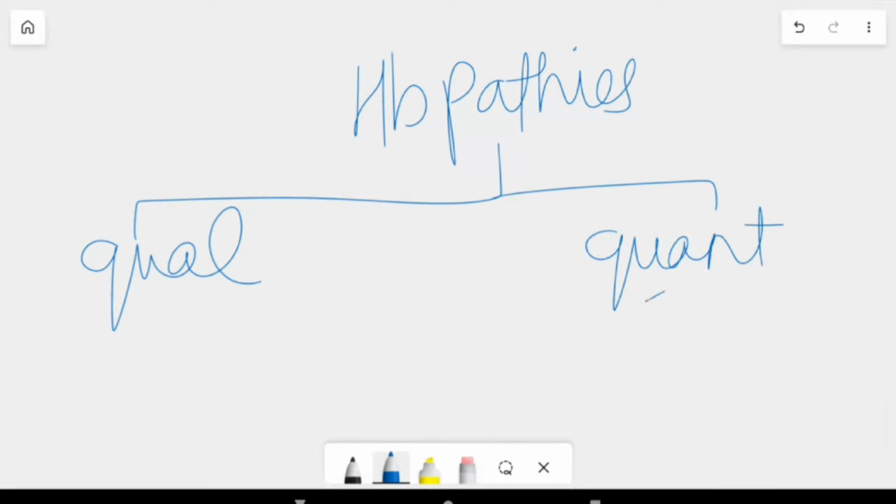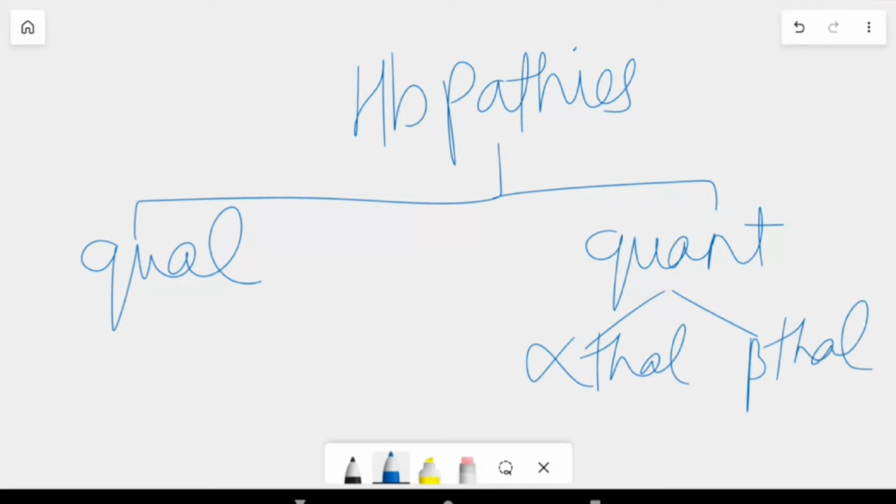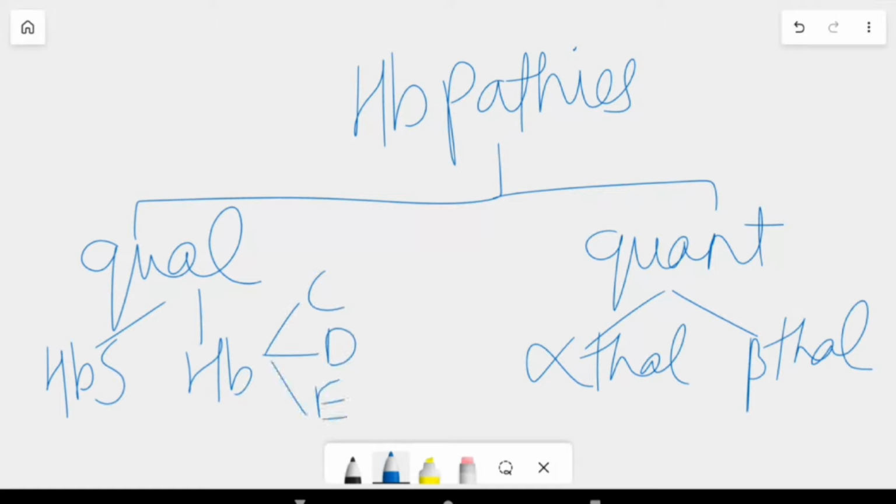Poor quantity can be because of alpha thalassemia or beta thalassemia, which have further types depending upon the number of genes absent. Qualitative is either HbS, sickle cell anemia, or it can be HbC, HbD, or HbE. So that's all.